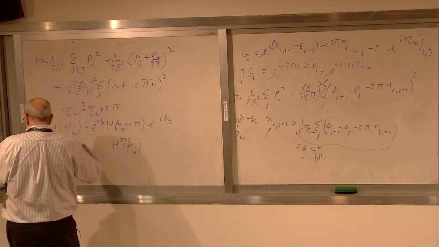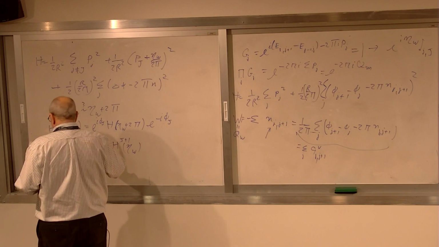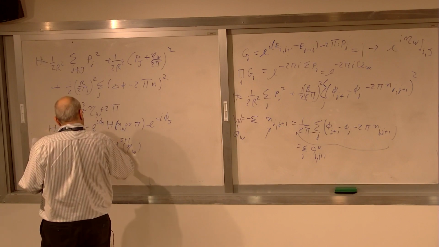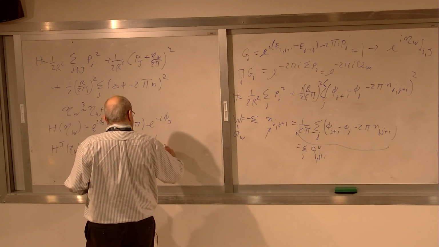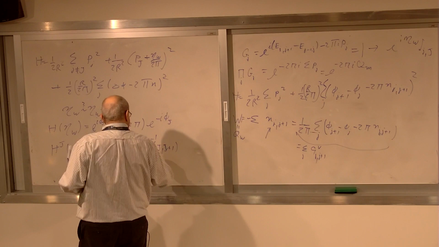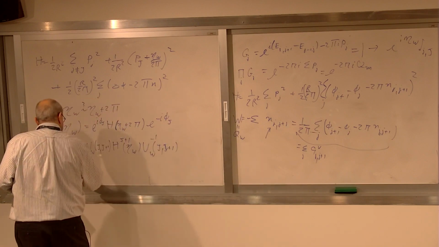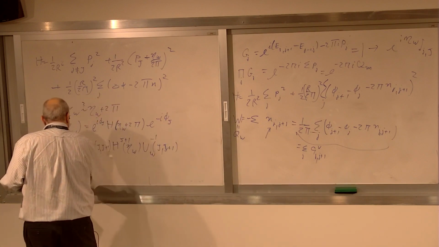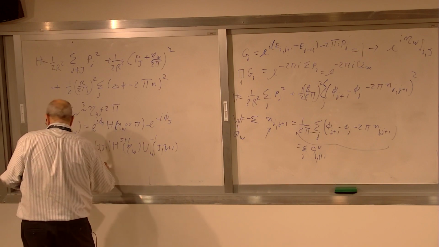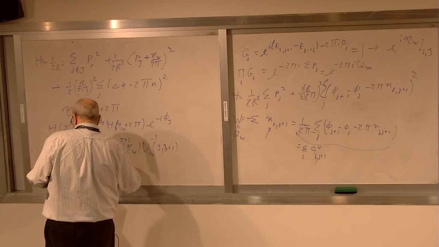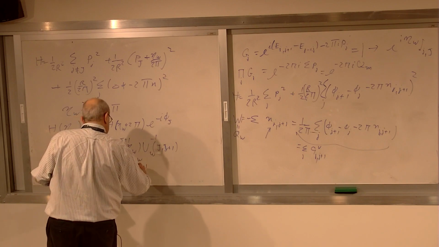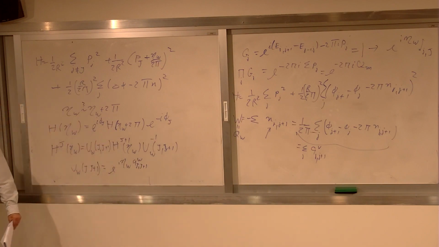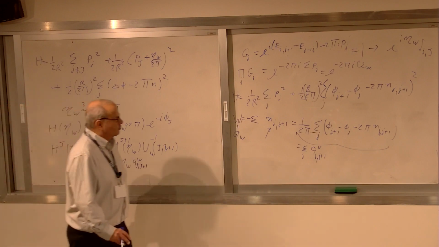There is a unitary transformation, which I'll call U_W J plus 1, the unitary operator, where U_W J plus 1 equals e to the i eta W Q_W J plus 1. So first of all, you can check that this thing does the job. If you conjugate the Hamiltonian, it moves the defect. What's the physical interpretation of this formula?